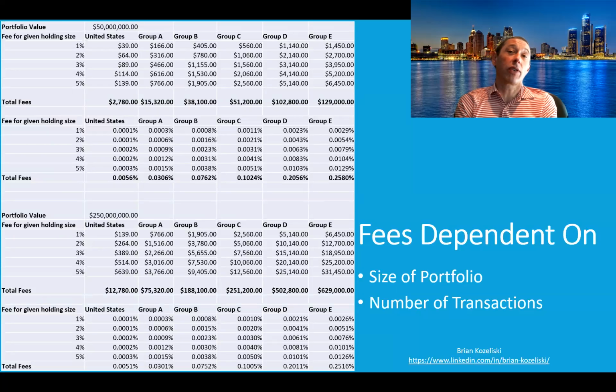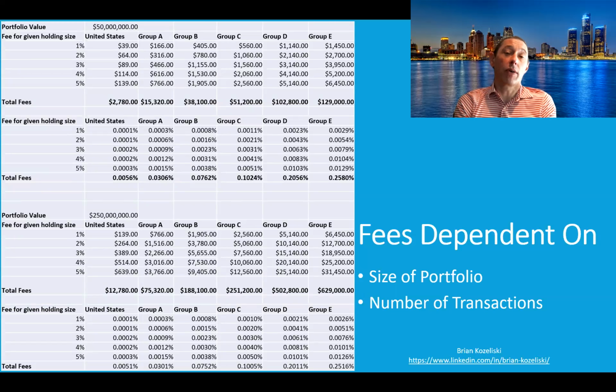If all your positions are held in that portfolio, then it's 25.8 basis points you're paying in fees, of course, subtracted from your performance. Now, if your portfolio value jumps up to $250 million, you can see that the dollar fee jumps up. So $31,450 per 5% position.